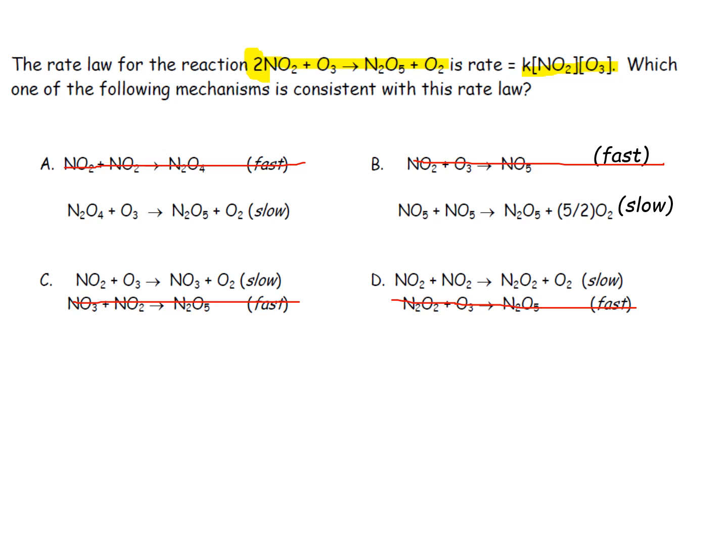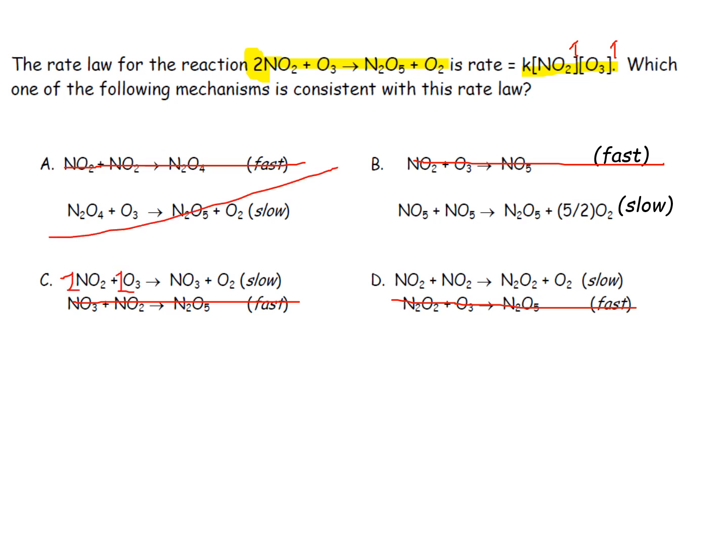So you have basically a coefficient of 1 here, an exponent of 1 here, an exponent of 1 here. So you want the reaction in which there are only NO2 and NO3 reacting in a 1-to-1 ratio. So NO2 and NO3 with a 1-to-1 ratio is this one.